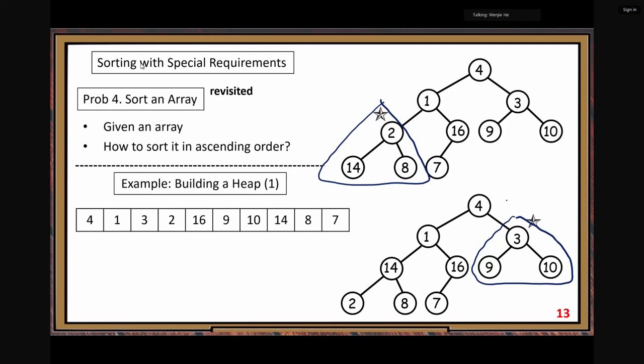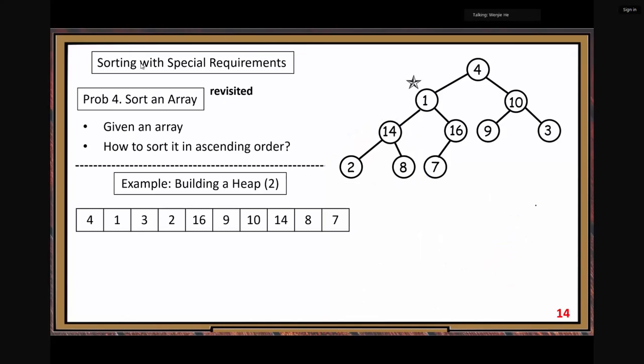You detect another violation, so another star. Then you run the local heapify operation on this triangle. After you fix it, in the same level you move from right to left to the next local triangle.